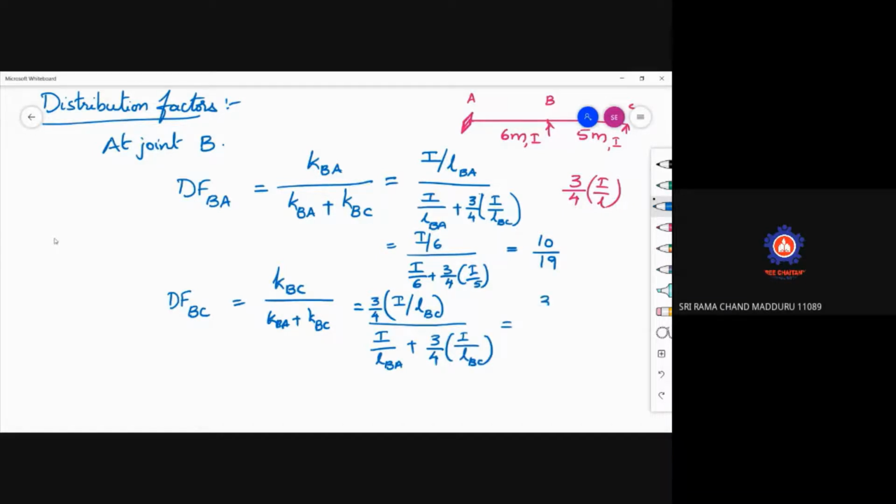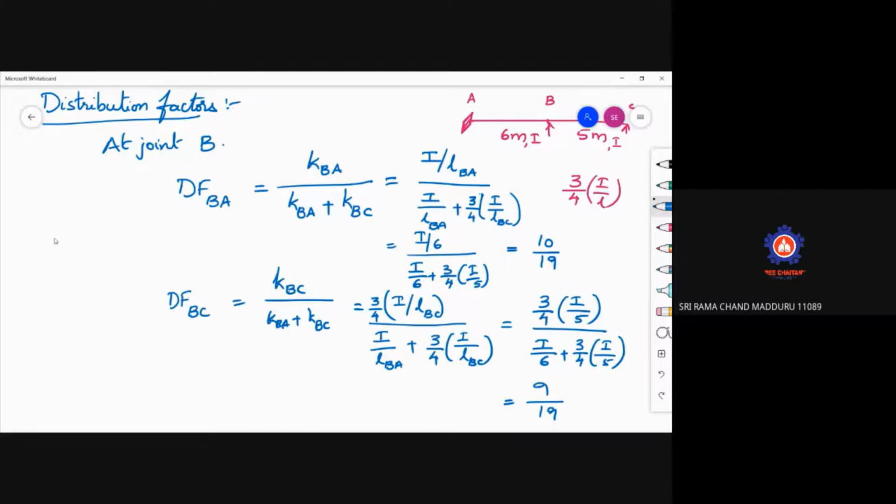So this will be 3/4 of I by 5 by I by 6 plus 3/4 of I by 5. The value of the distribution factor for BC is 9 by 19.